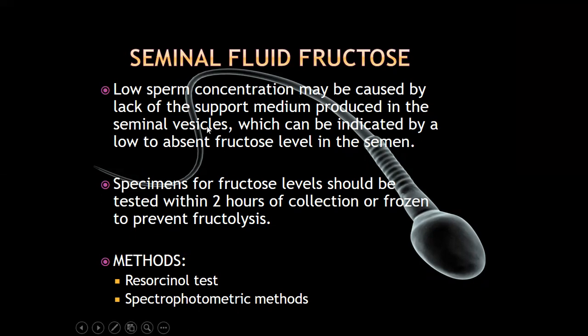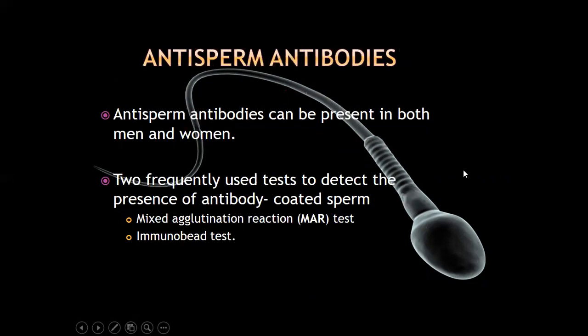A low sperm concentration would mean that you might have low fructose levels. The method for testing is the resorcinol test or spectrophotometric determination of fructose levels. Another is determining the presence of anti-sperm antibodies. This is performed using mixed agglutination reaction or immunobead test.